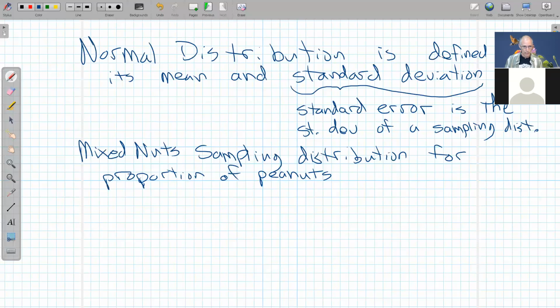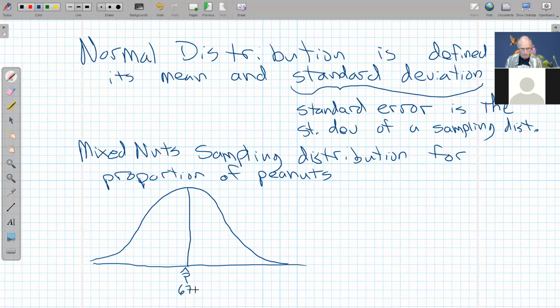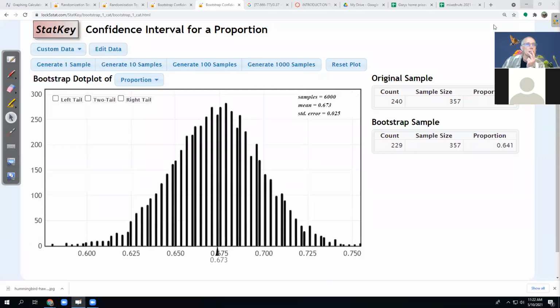So a proportion is kind of like a mean, but for a categorical variable. And in that distribution, I had a mean of p hat of about, was it 67%? Double check that. Yeah, 240 out of 357 is about 67%.